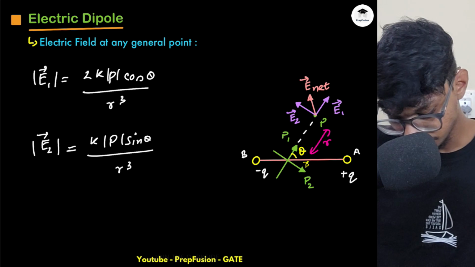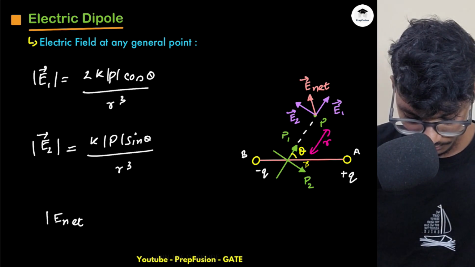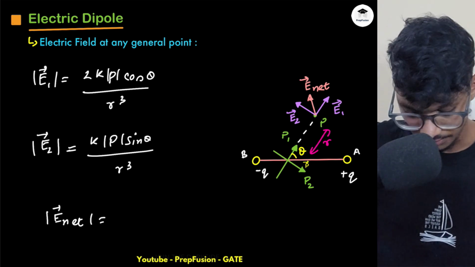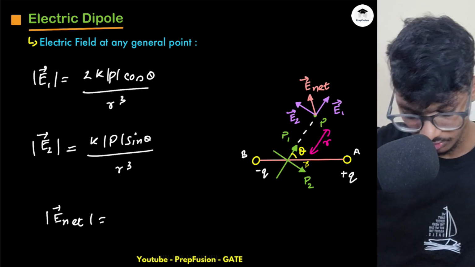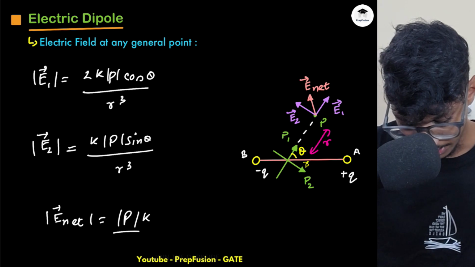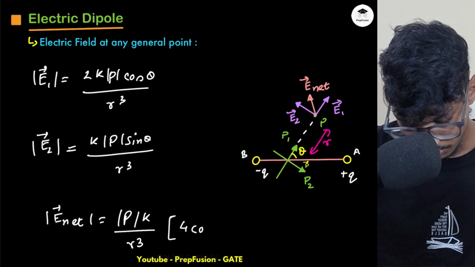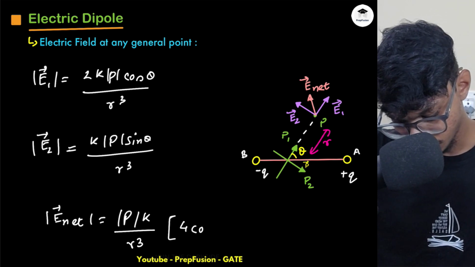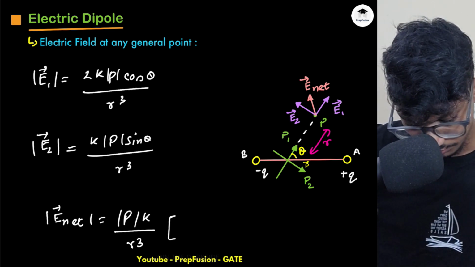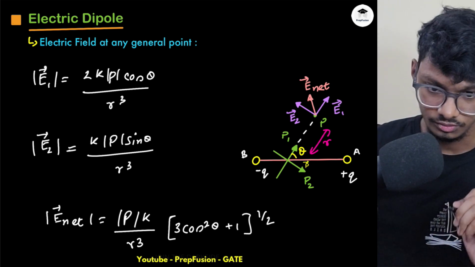What we can do is this: the magnitude of the net electric field will simply be the square and square root of both of these. So P will be outside, K will be outside, r cube will be outside, and inside I will have 4 cos square theta plus sin square theta, so it will actually become the square root of 3 cos square theta plus 1.